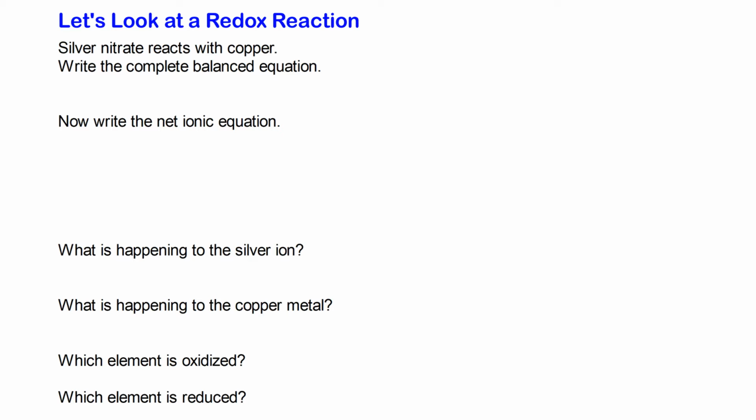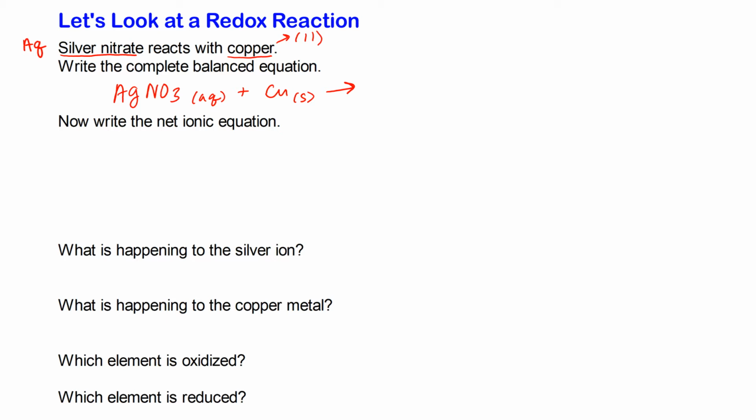We have silver nitrate reacting with copper. So this should really tell us that the silver nitrate is going to be aqueous, and that this copper is really copper 2. So let's take a look at what that balanced equation would look like. So our silver nitrate is going to be AgNO3 aqueous plus solid copper, and then we use our activity series to see if that copper can replace the silver.